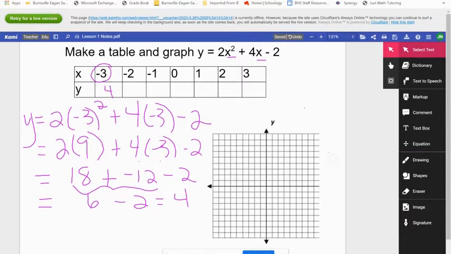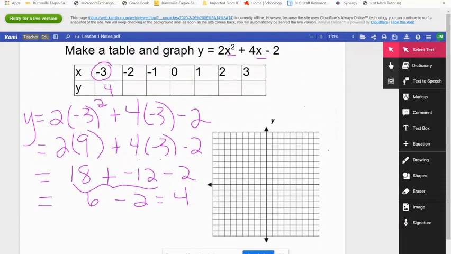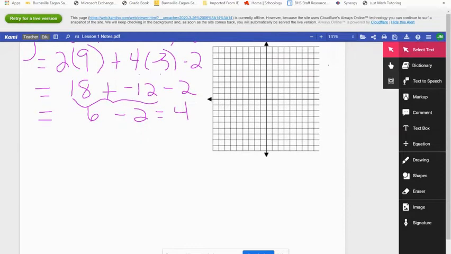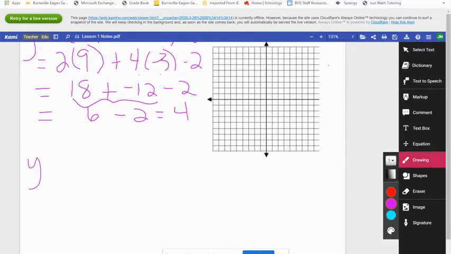All right, in case you're not sure, I'm going to do at least one more with you so that you can check your answers. Let's see what happens when we plug in -2. So y equals 2 times -2 squared plus 4 times -2 minus 2. We square first.